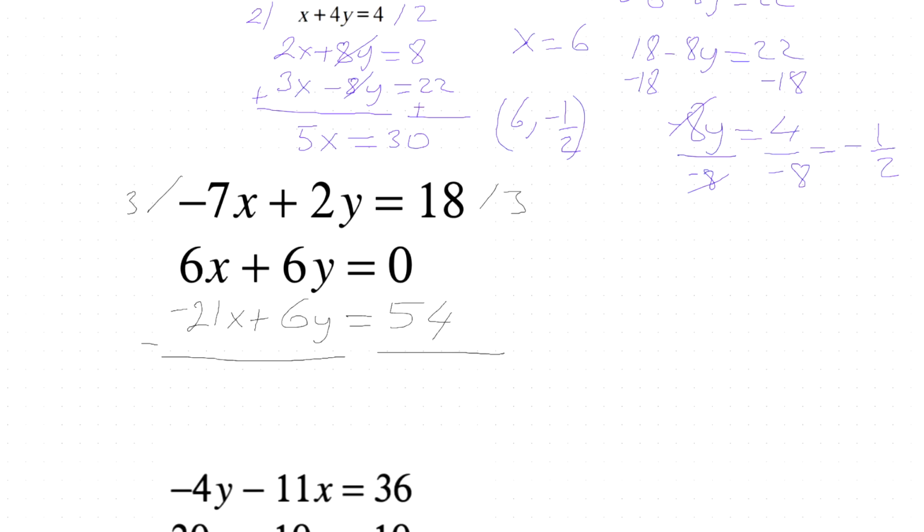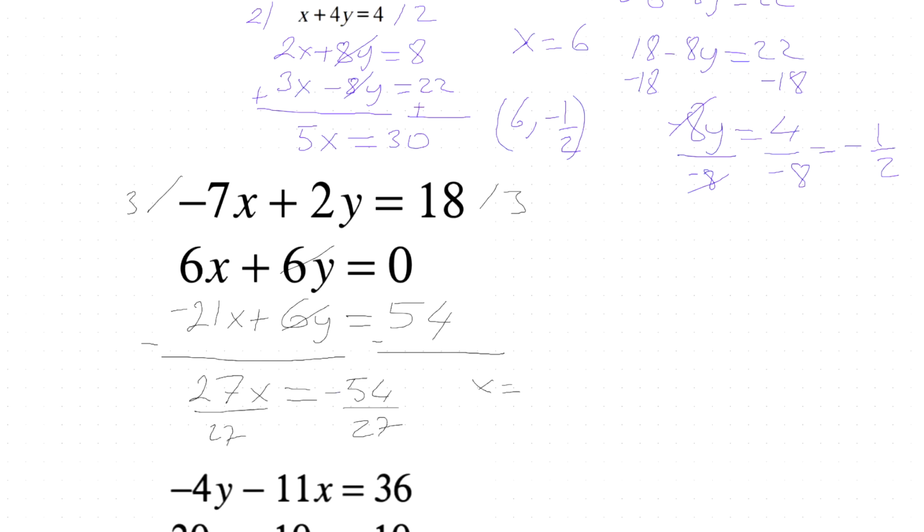If you take away 6y from 6y, it is 0. 6x minus -21x becomes positive 27x, which is equal to 0 minus 54, which is -54. And if you divide both sides by 27, x becomes -2.